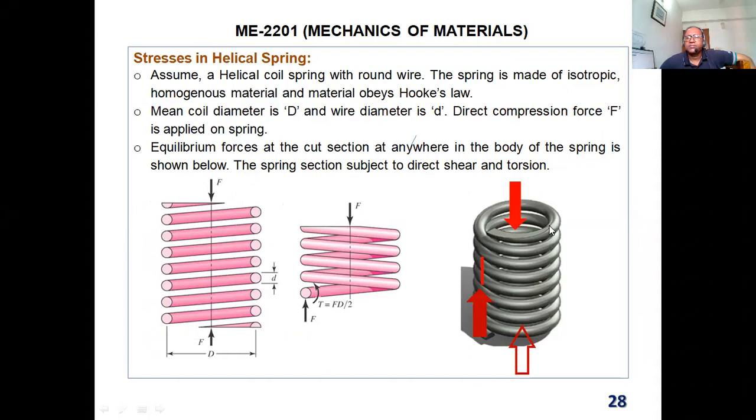Then there might be ends that are not flat, where the whole spring wire continues. Similarly, at the bottom also there is a little bit flat. Okay. So depending on the end condition, there is some other correction factor used in the helical spring. But that will be taught in the machine design class.